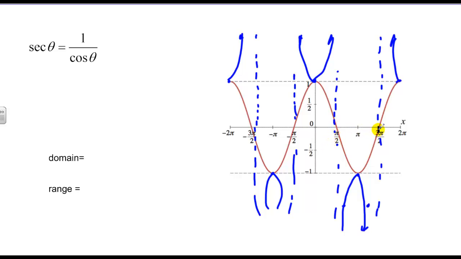So we still have a distance of pi between our intervals, but we're starting at different spots. So in this case, let's say I start at pi/2, and we know the domain's not equal to that, and then we go every pi past that, so plus pi n is going to be my domain. Range, once again, goes from -infinity to -1, and from 1 to infinity.